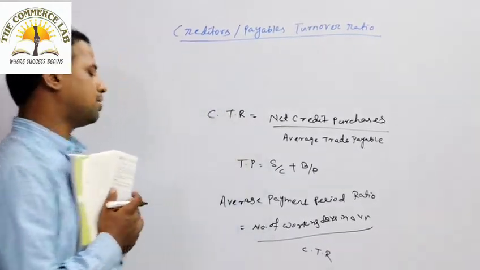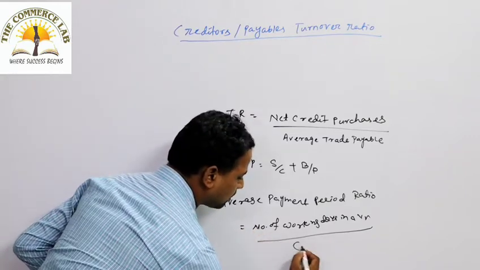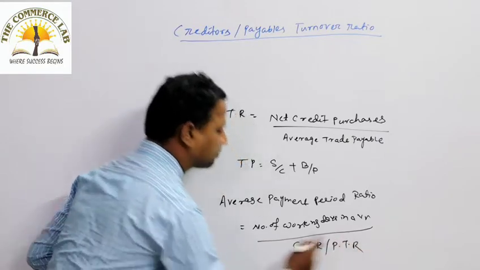The same formula applies: creditor turnover ratio or payable turnover ratio.